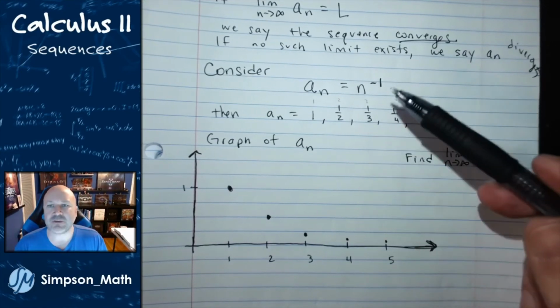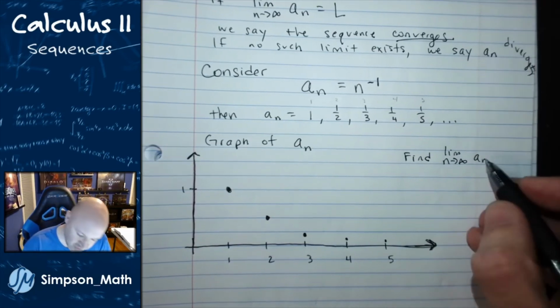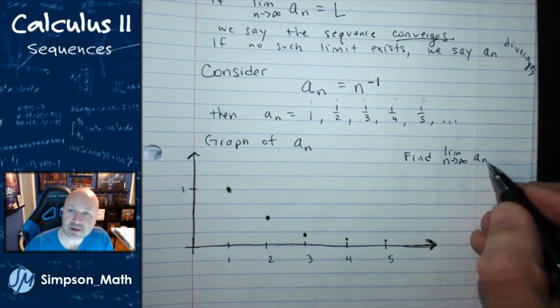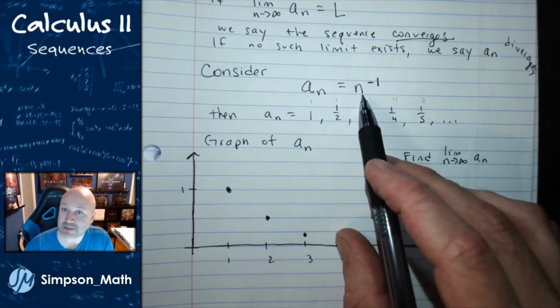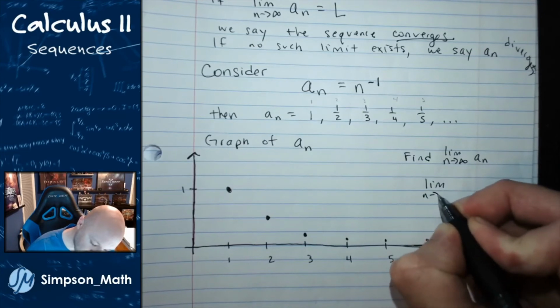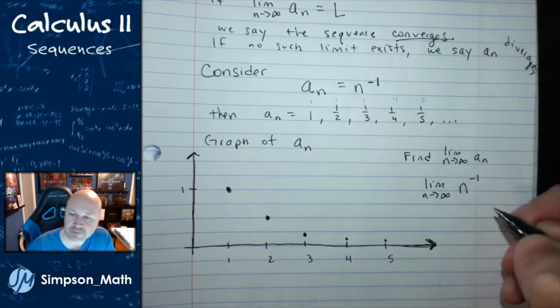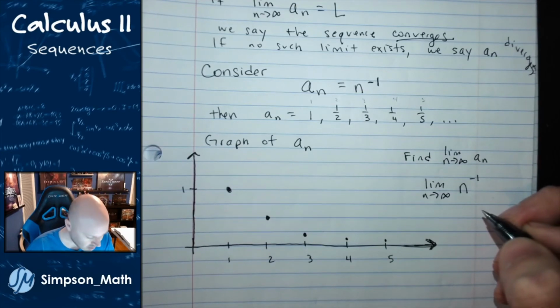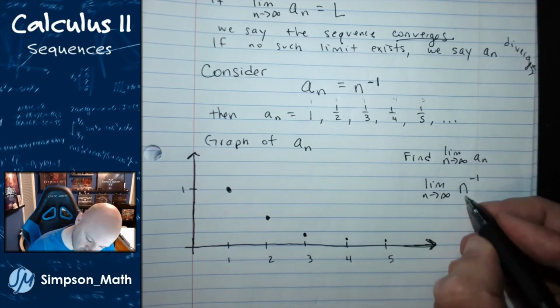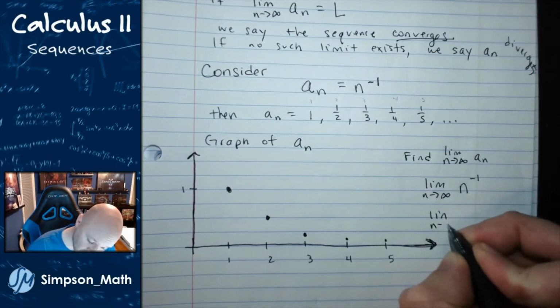If you don't have a picture, if you're just given a function, well, you can fall back on your Calc 1 skills and you can find the limit of a function. So a sub n, its closed form is n to the negative 1. So I can find the limit as n goes out to infinity of n to the negative first power. I just want to call that 1 over n.